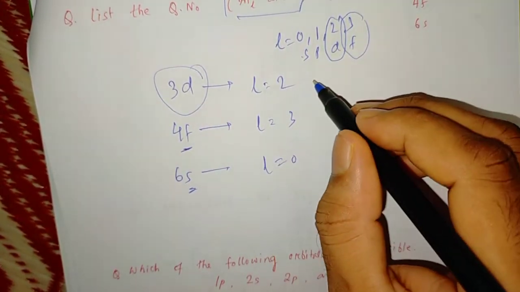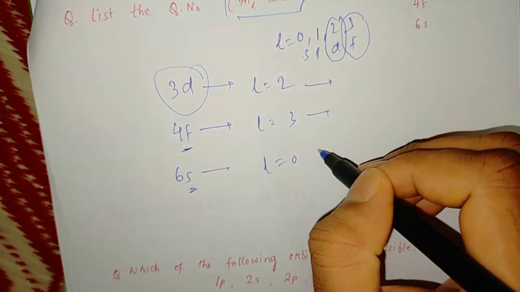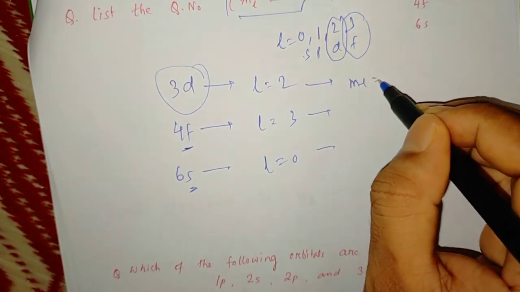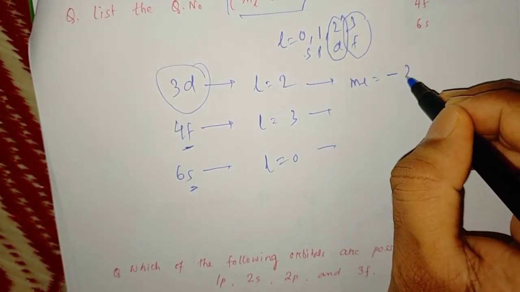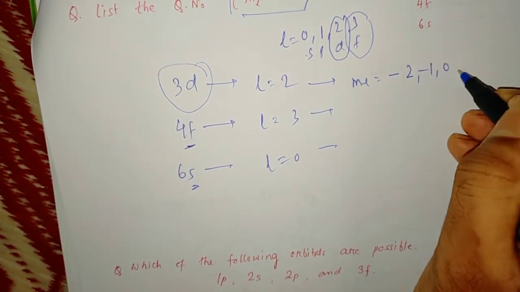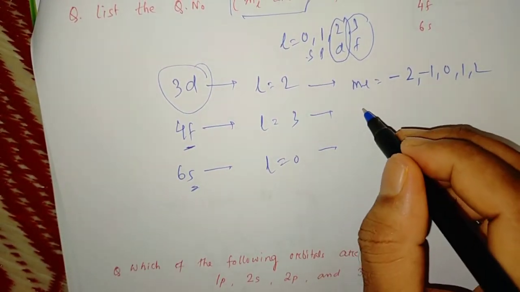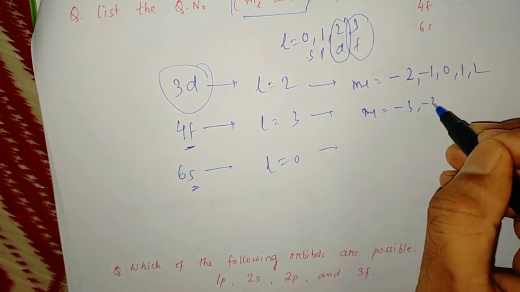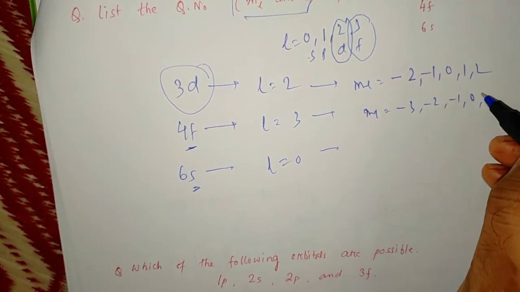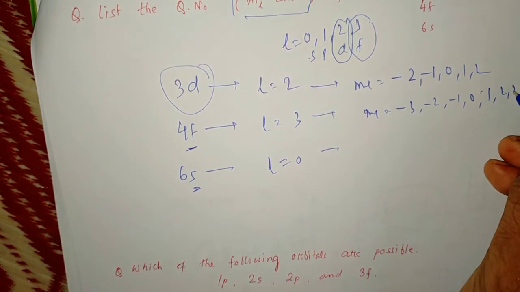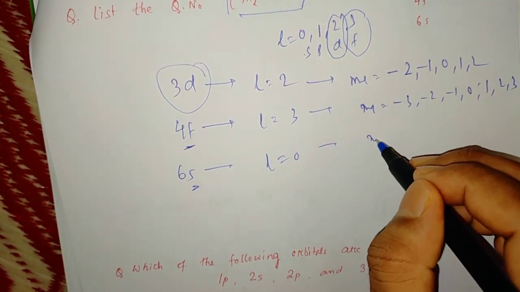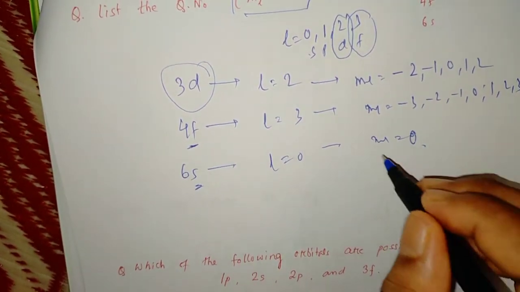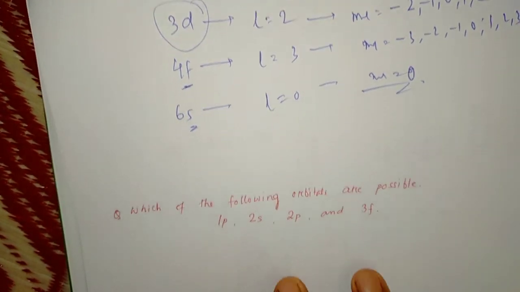From that, simply write the values of ml, starting from minus l to plus l. For f, ml equal to -3, -2, -1, 0, 1, 2, 3. For s, ml equal to 0. Like that you have to solve.